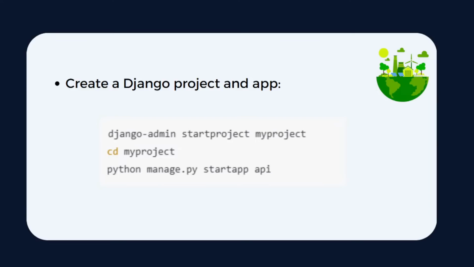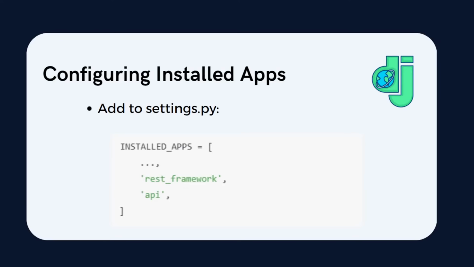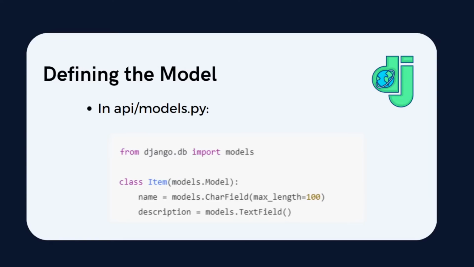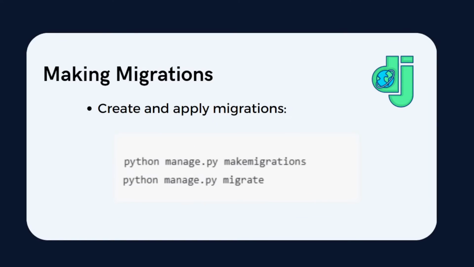We create a project and app, and we need to configure the installed apps in our settings file. After that we need to define the model in the models.py file in Django and save it properly. Then we use python manage.py makemigrations, and after that python manage.py migrate.